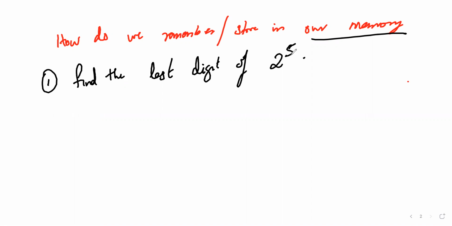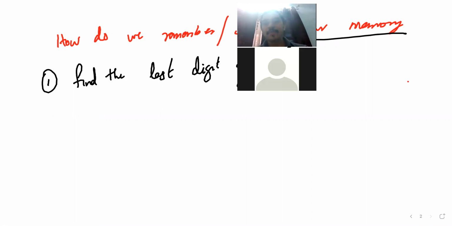Either you can use Zoom chat or you can use this thing. Guys, last digit of 2 power 5. Who is telling me fast?